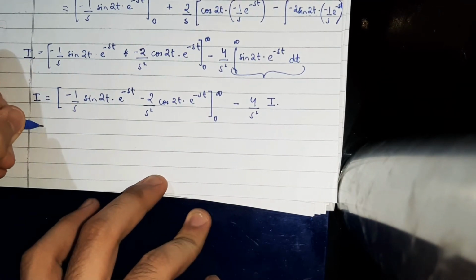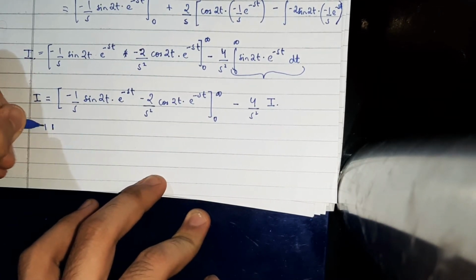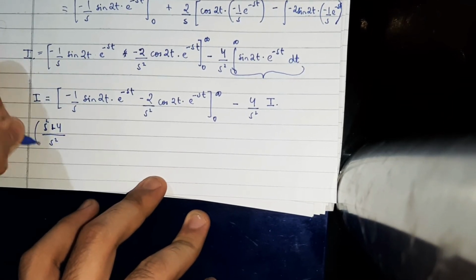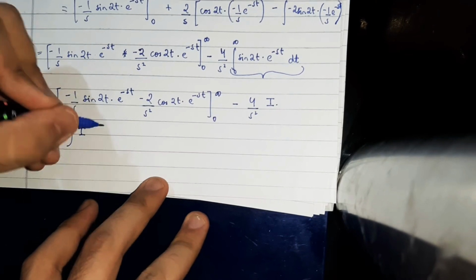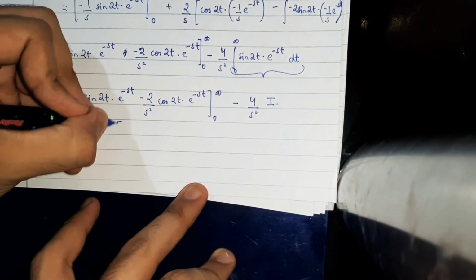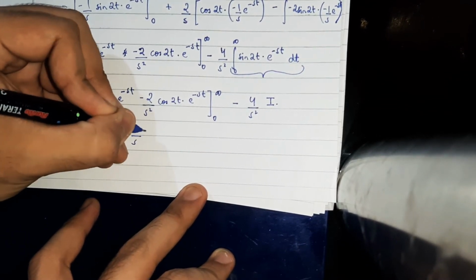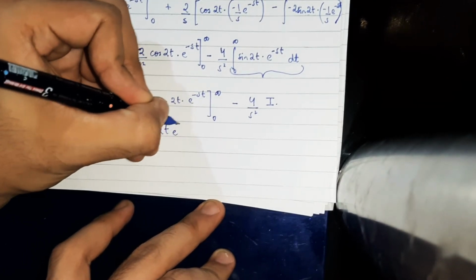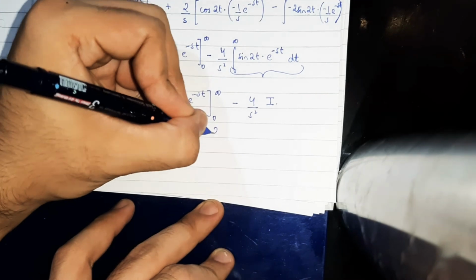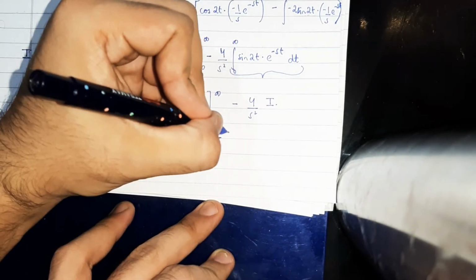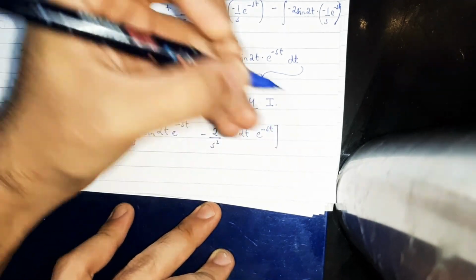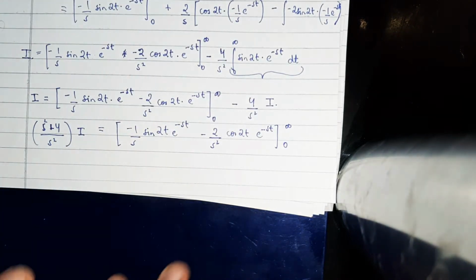That will give us s square plus 4 over s square times I, and this is equal to minus 1 upon s sine 2t e to the power minus st minus 2 over s square cos 2t e to the power minus st within the limits 0 to infinity.